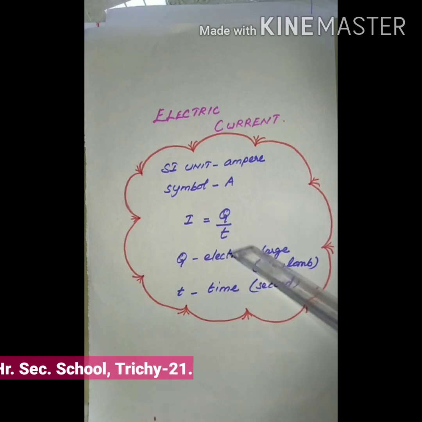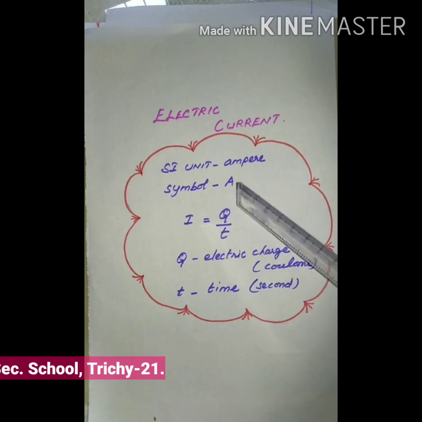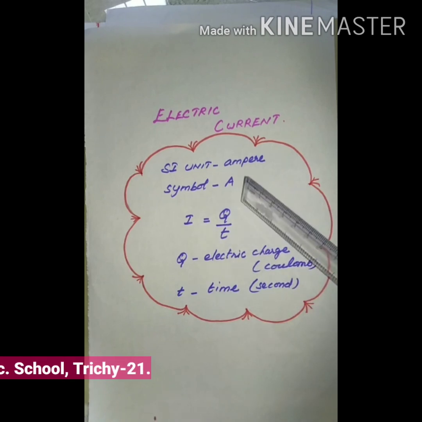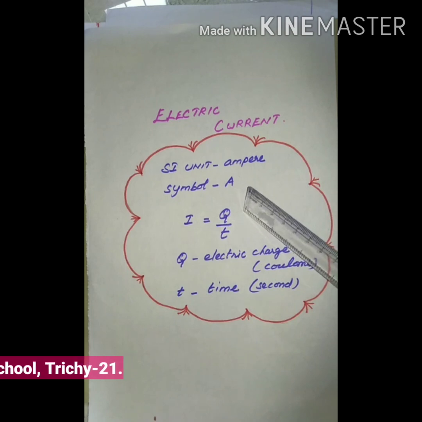Electric current is the amount of electric charge flowing through a conductor in 1 second.